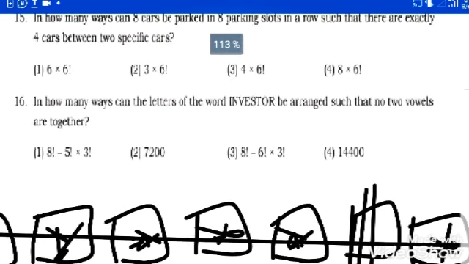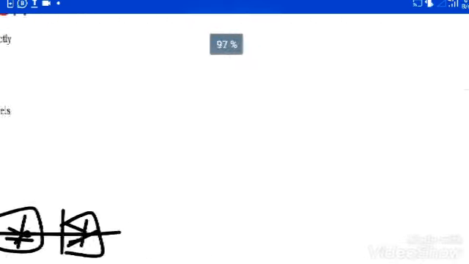Alright, let's look at the second question. It says, in how many ways can the letters of the word investor be arranged such that no 2 vowels are together? So now we are arranging the word investor. First off, we're going to bring out the vowels and the consonants.